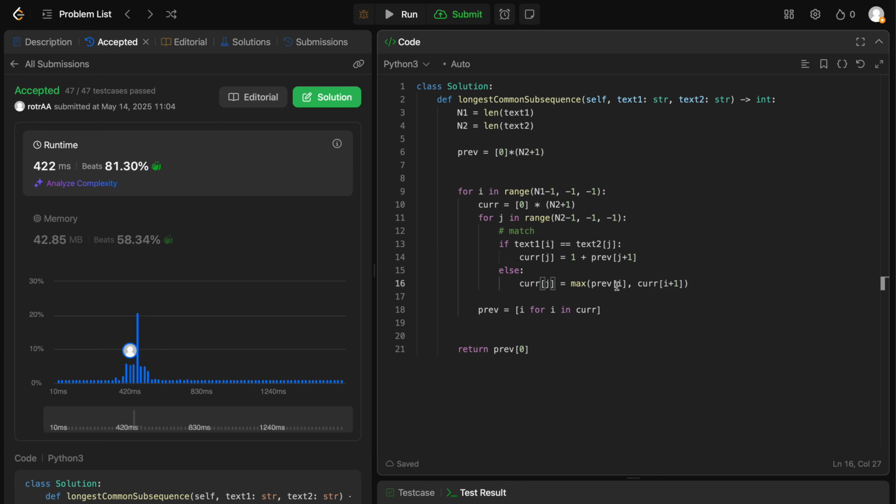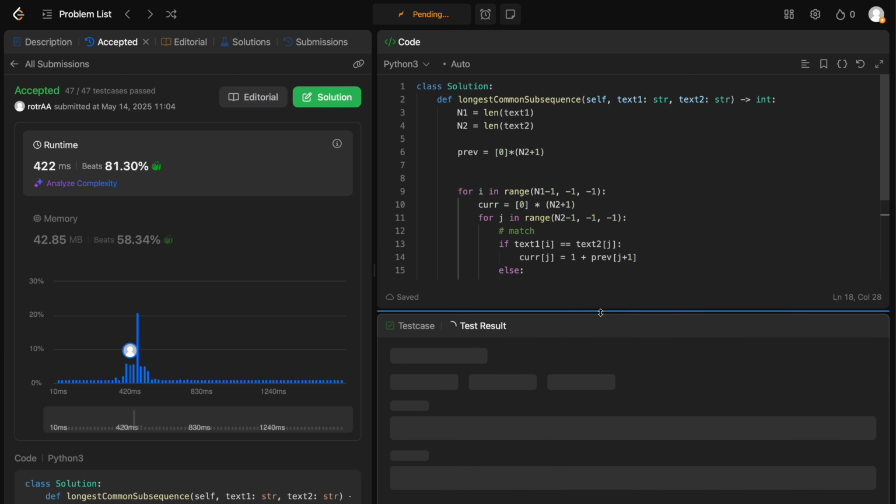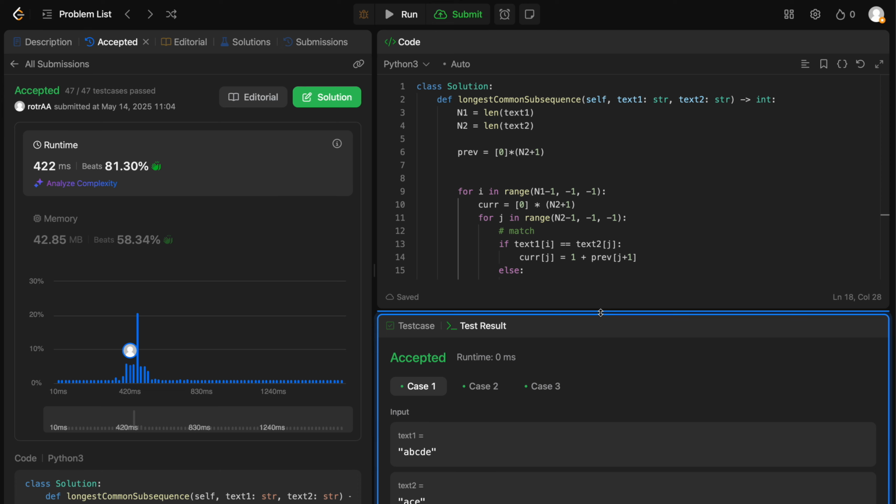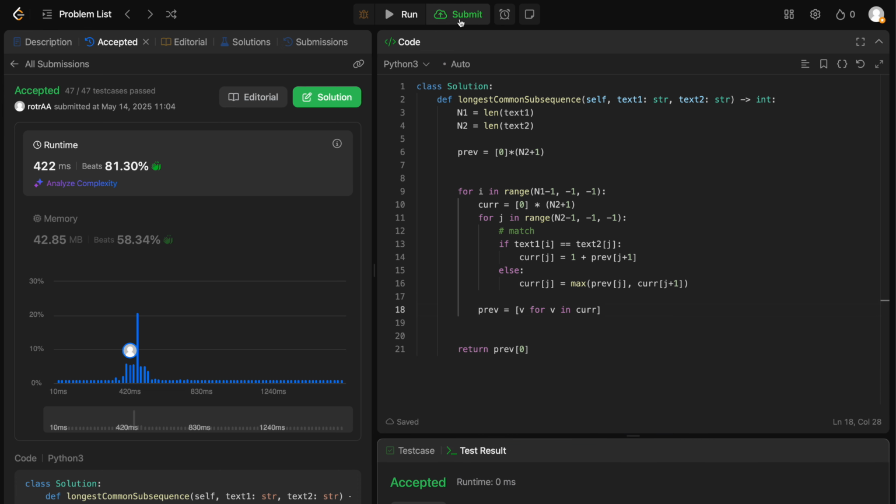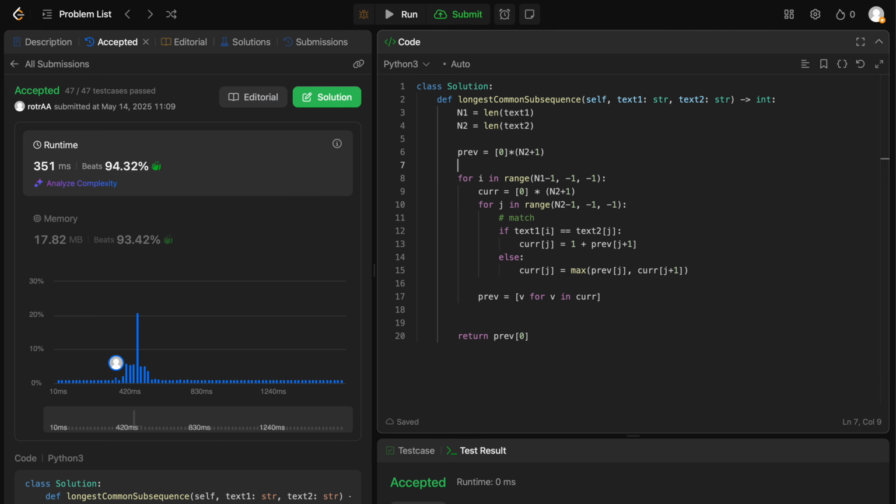Current of j is previous of j. Current of j plus 1. I know tie, but we for reading current. Okay, hope it's correct. Looks good. And it works, and as you can see, memory is much better.